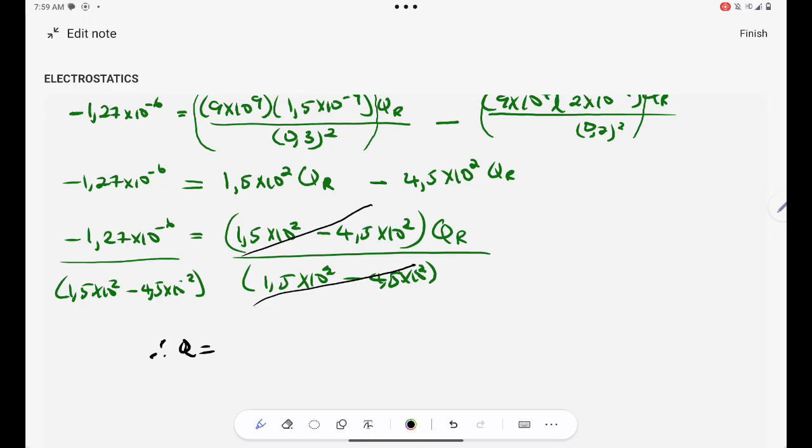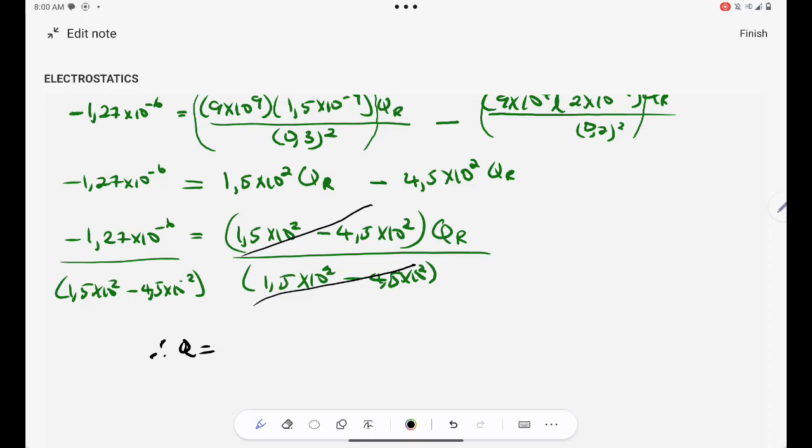negative 1.27 times 10 to the power negative 6 all over 1.5 times 10 to the power 2 minus 4.5 times 10 to the power 2. I didn't insert the other brackets.